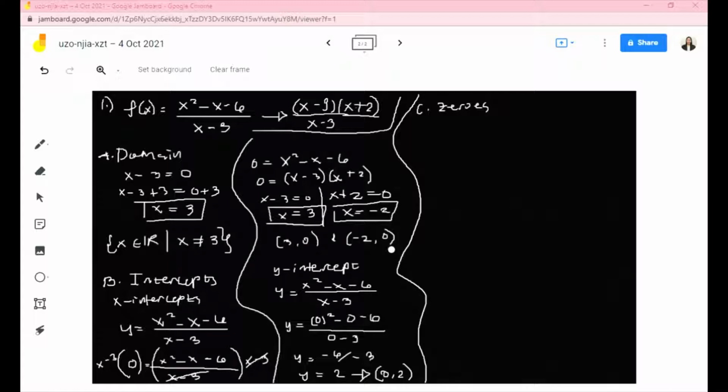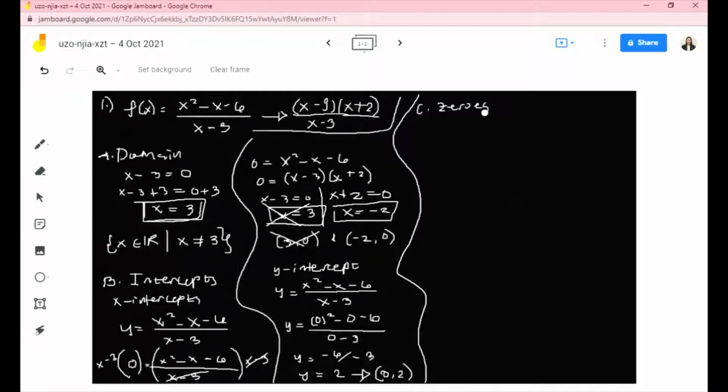We can consider this, but notice that 3 is restricted. 3 should not be part of the domain. So x equals 3 will not be part of our x-intercepts, only the x which is negative 2. So we only have one intercept here, (negative 2, 0).